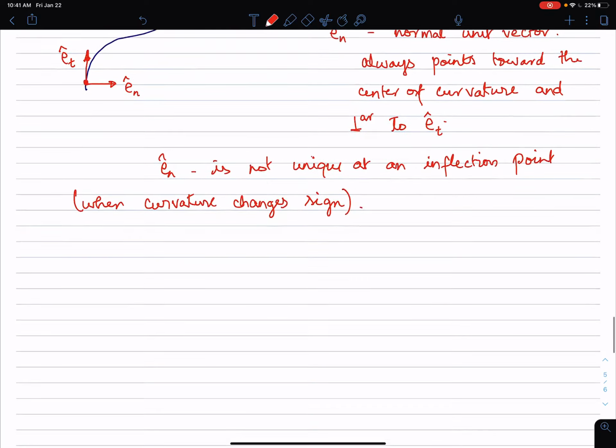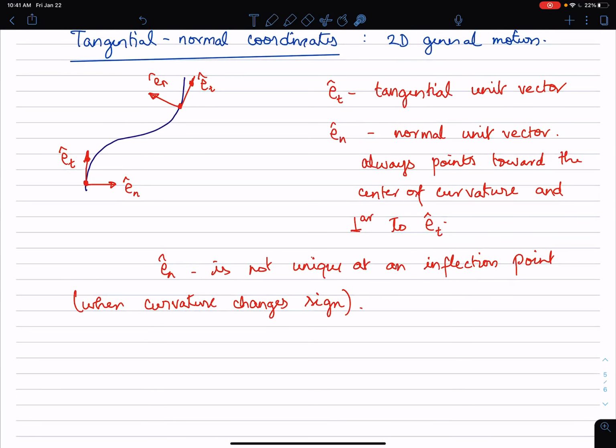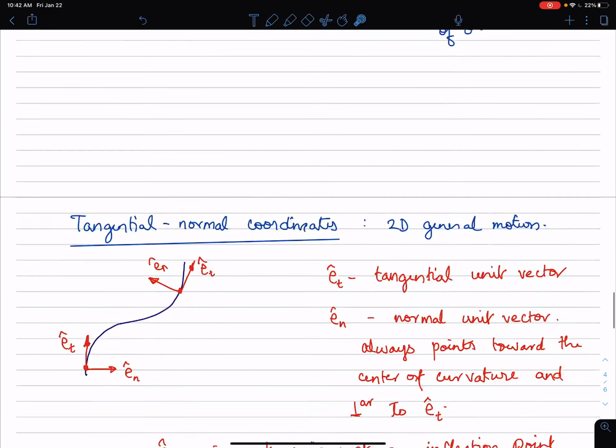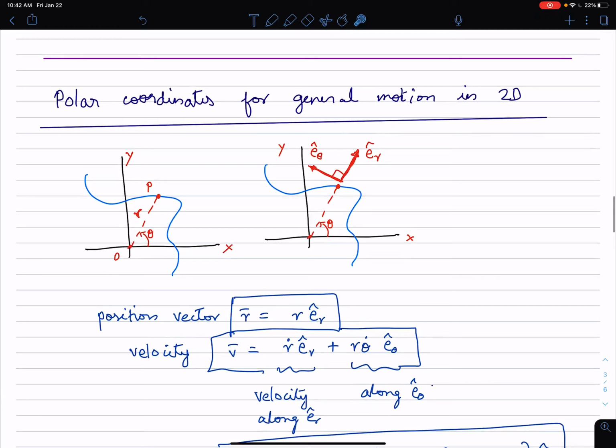And then we have another definition. So that's the basics of tangential normal coordinates. This is how the coordinate axes are defined, which is sort of in contrast to polar coordinates. Polar coordinates are defined sort of in absolute terms. Theta is with respect to the x-axis. R, again, is the distance from the origin.